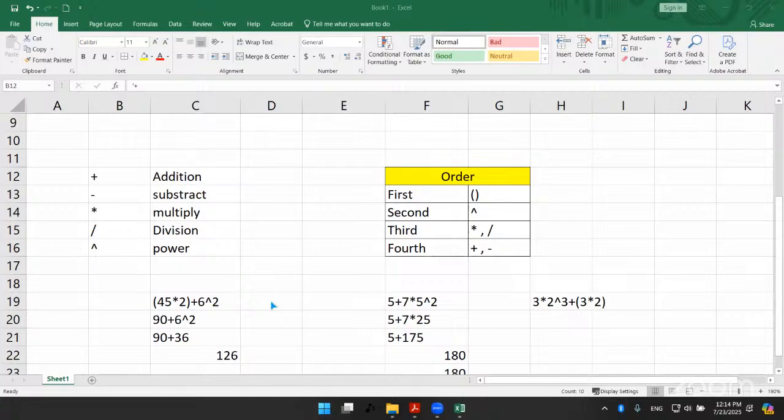What is the answer for this one? The last one? What is the answer? What was the answer? Didn't you just do that now?